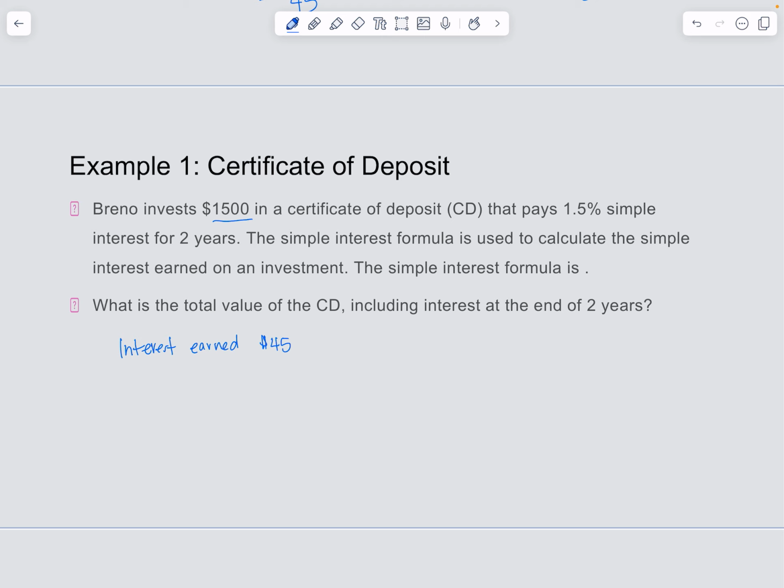He just earned $45 more. So we take the amount that he had, we add what he earned in interest, and that will give us the total. That's what he has in total at the end of 2 years. So our sentence would be, he has $1,545 after 2 years.